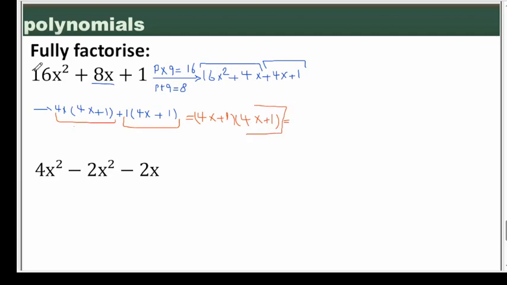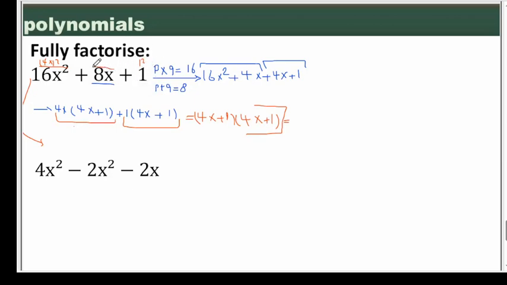I can go for another way, that's a perfect square. That means I get it as 4x to the power of 2, and the third term is a perfect square, yes, 1 always. I can get it as 1 to the power of 2, a perfect square.